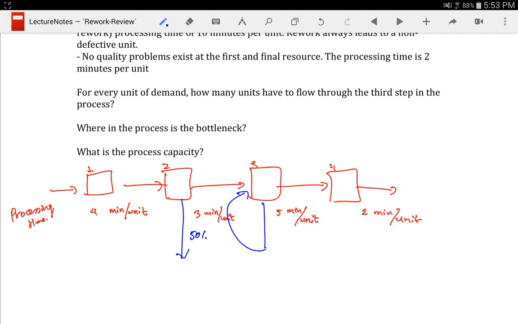That is, out of everything he does, 50% goes scrapped. And in this step, 30% has to be reworked. So 30% of the work he does has to be reworked. This brings complexity to our problem. How do we handle that?